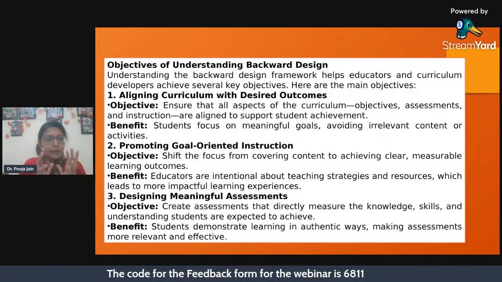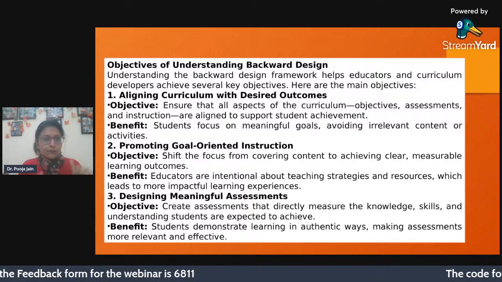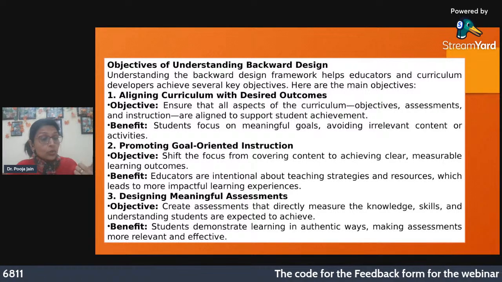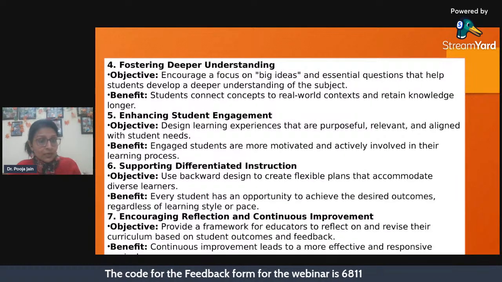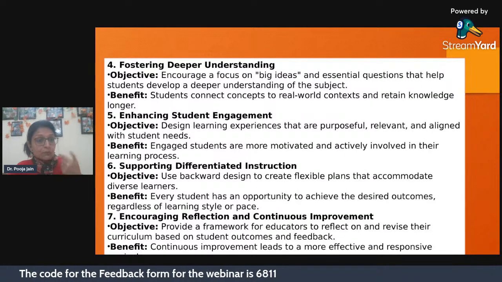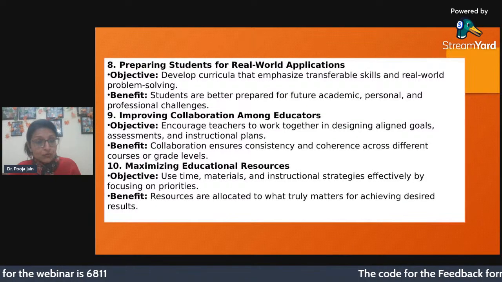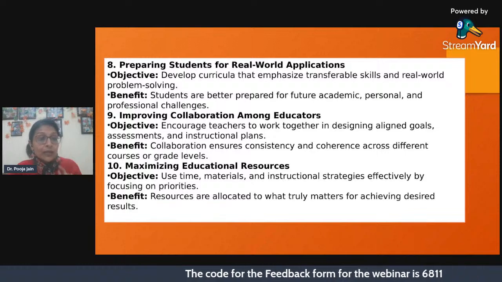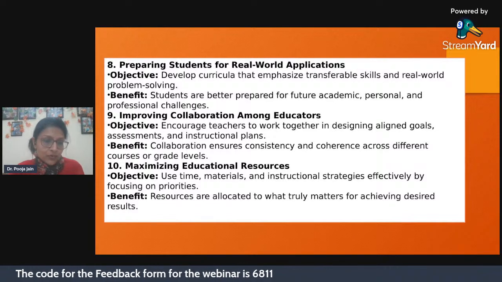Now, very quickly, the benefits and objectives of understanding backward design. This is the last segment. Alignment of curriculum with desired outcomes, promoting goal-oriented instruction, meaningful assessments, deeper understanding, more student engagement, supporting differentiated instruction, reflection, continuous improvement, real-world applications, collaboration among educators, and maximizing educational resources.